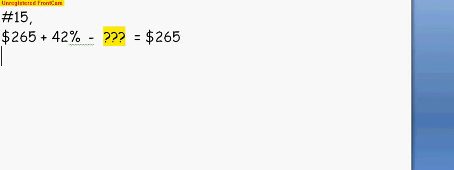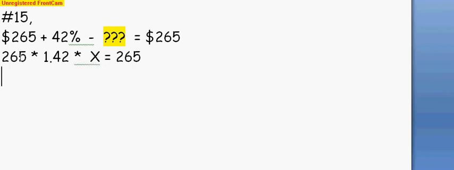So in this problem, we're going to have 265 times, so increase 42% means times 1.42, and then times X, where X is the discount, equals 265.